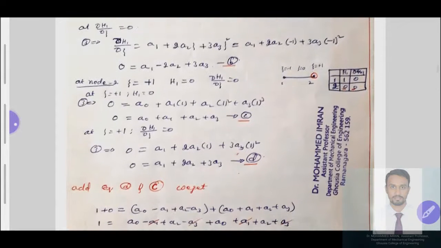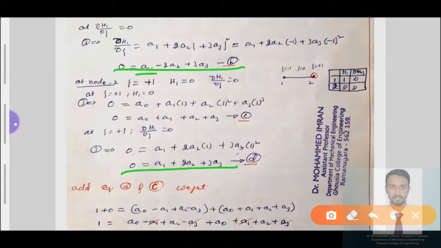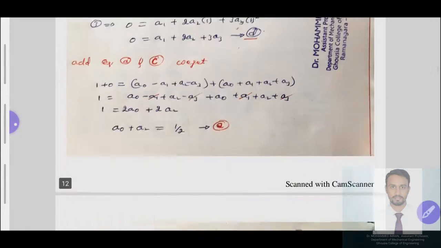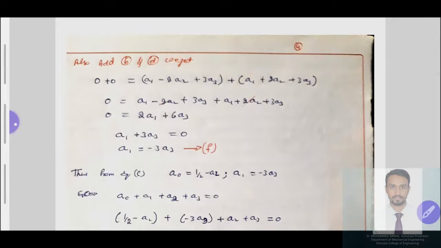See here, adding equation B and D: a1 minus 2a2 plus 3a3 and a1 plus 2a2 plus 3a3. The minus 2a2 plus 2a2 will get cancelled. You can check it here.